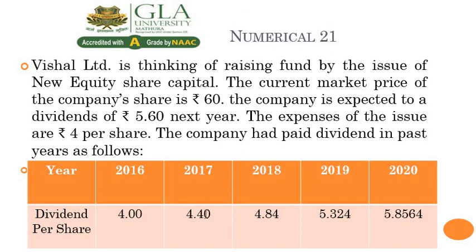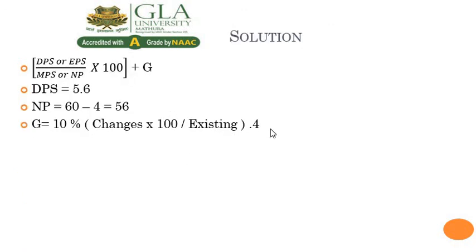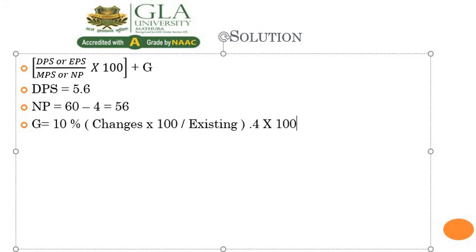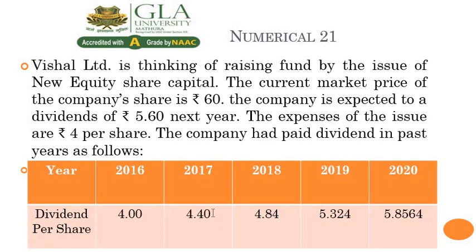So 0.4 into 100 upon existing 4 rupees equals 10%. You can also calculate on this basis.